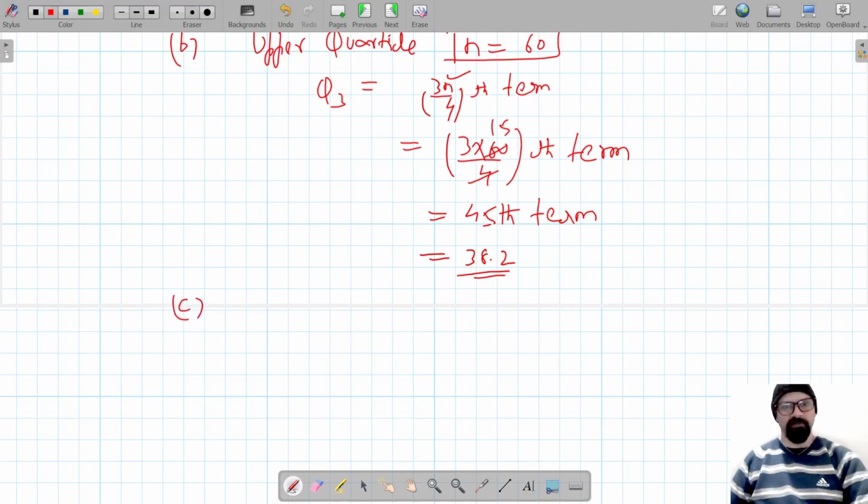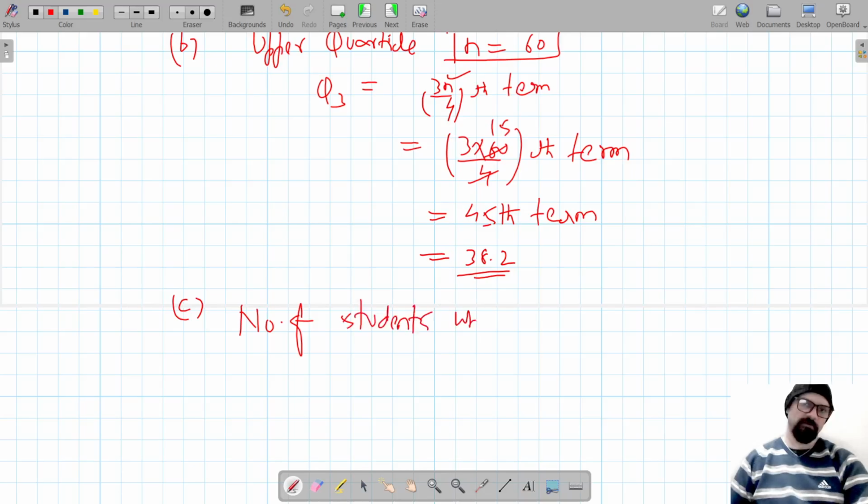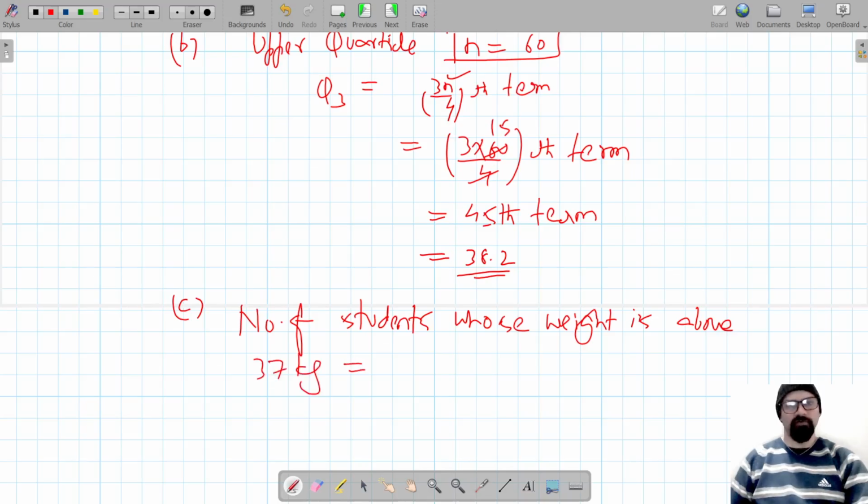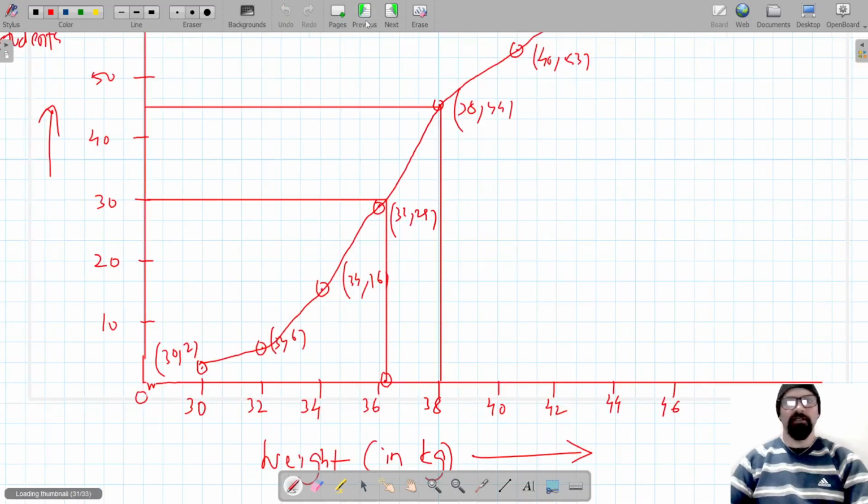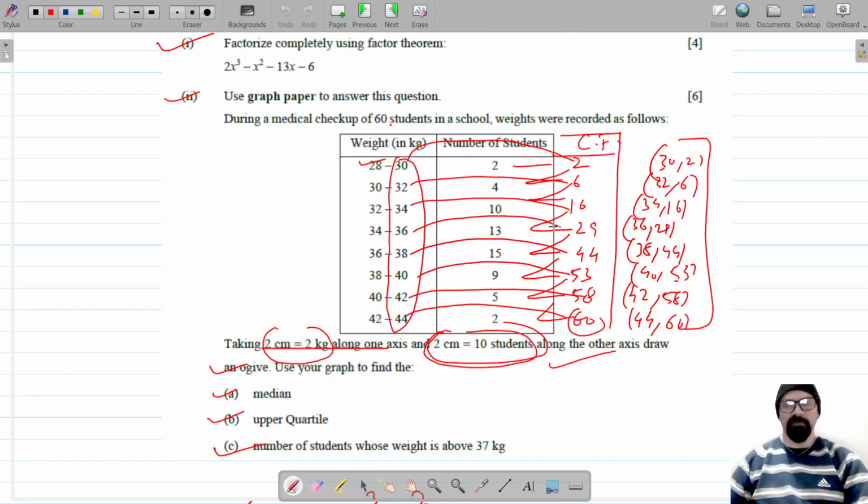Part C says that we have to find the number of students whose weight is above 37 kg. Let's check. So 37 comes out to be here.